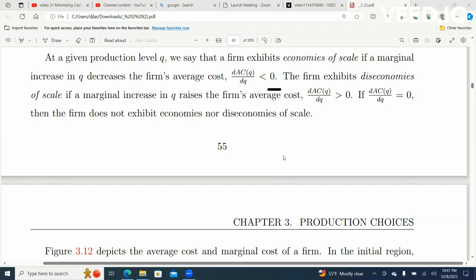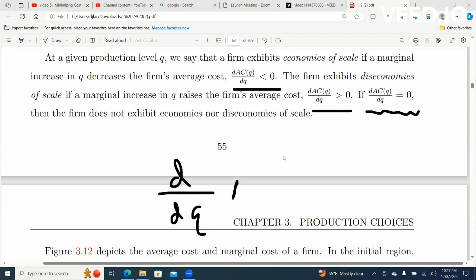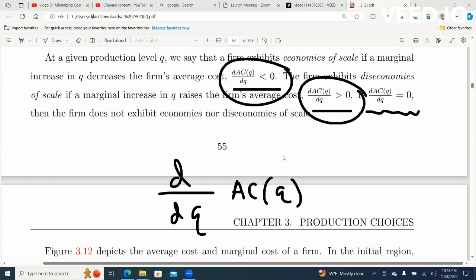So this right here is literally the definition of economies of scale, and this is diseconomies of scale. If the derivative with respect to Q of our average cost, which is a function of Q, is less than zero, economies of scale; greater than zero, diseconomies of scale; and equals zero, the firm exhibits neither economies nor diseconomies of scale.